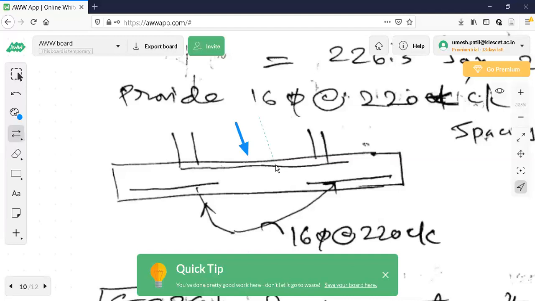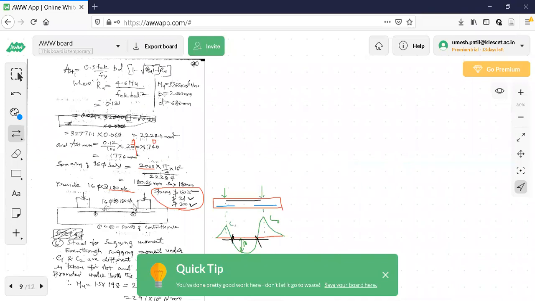You see this bar I'm telling, this bar. If I look at this diagram only, I will understand. Here 16 mm at 220 center to center. What about this bar? What is the spacing? It is 180.